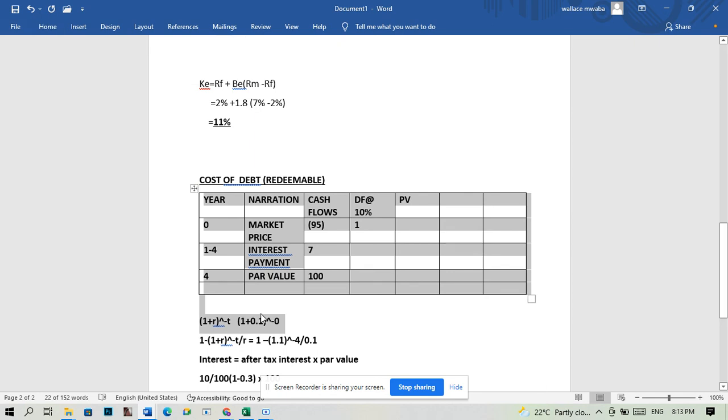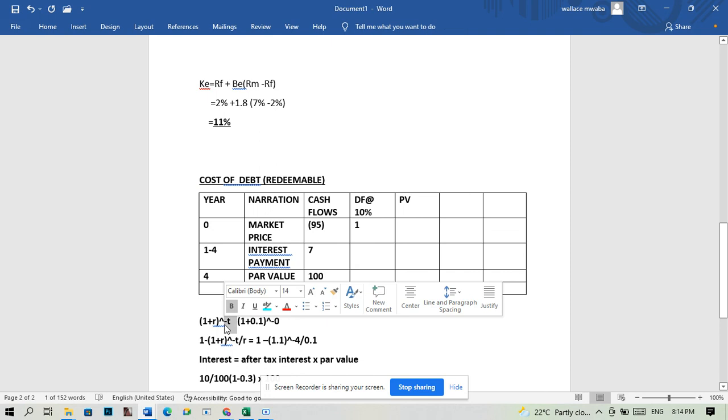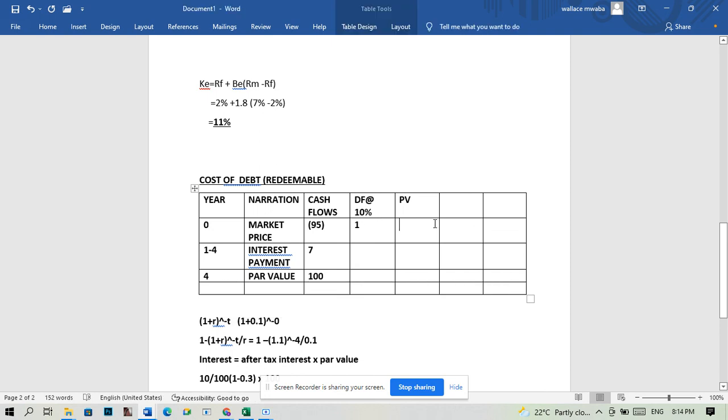Sorry, there's one thing. Why are you using a negative instead of a positive? We are discounting the cash flows. Whenever you are discounting cash flows, you're going to use the power negative t, because we want to get the present value.